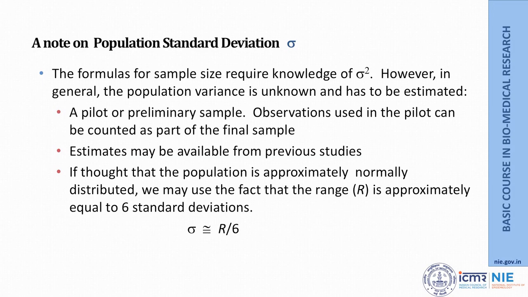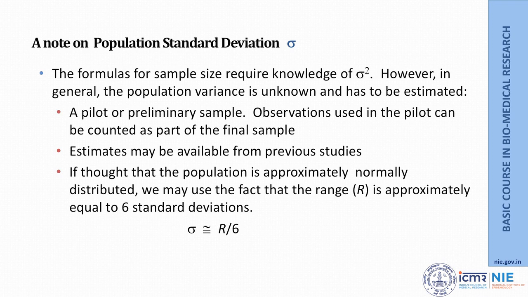Now, in this formula we have sigma, the population standard deviation, and in most scenarios you may not know the value of sigma, because this is a study you are going to do, so sigma may not be available. How to get a sigma? One way is to do a pilot survey, a preliminary survey, and of course you can even use the observations from the pilot in your final sample too.